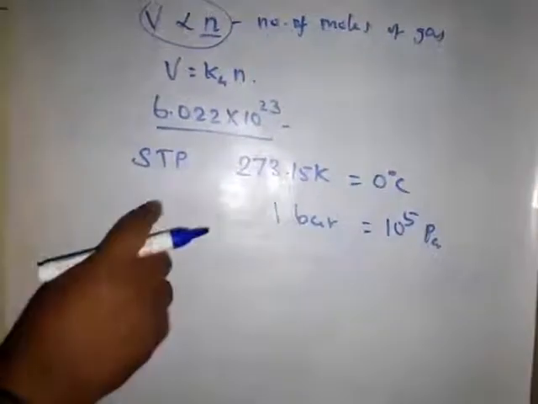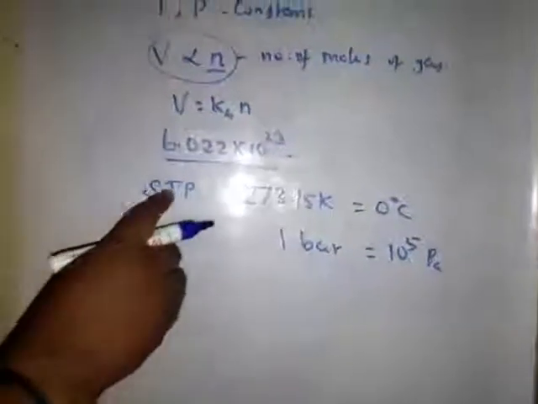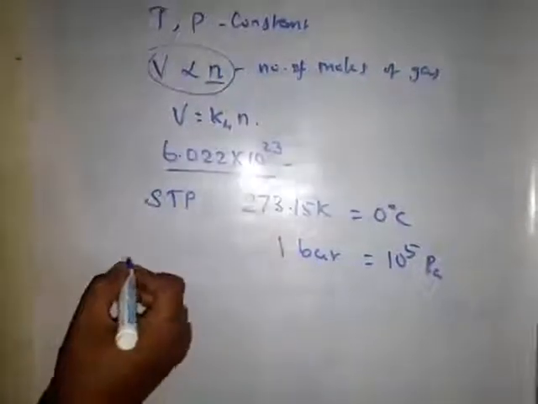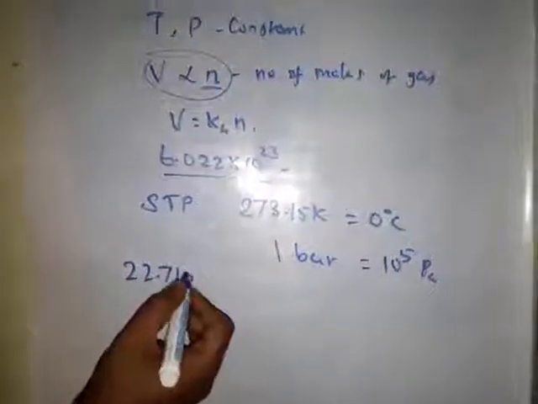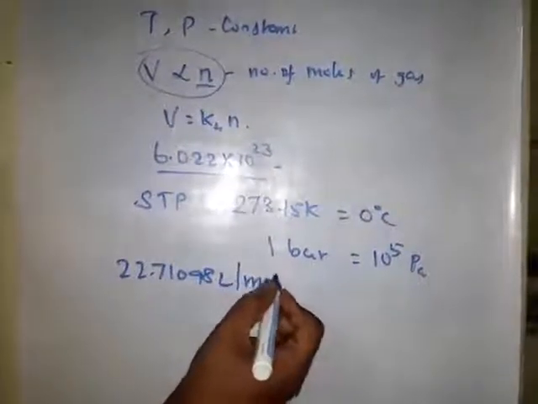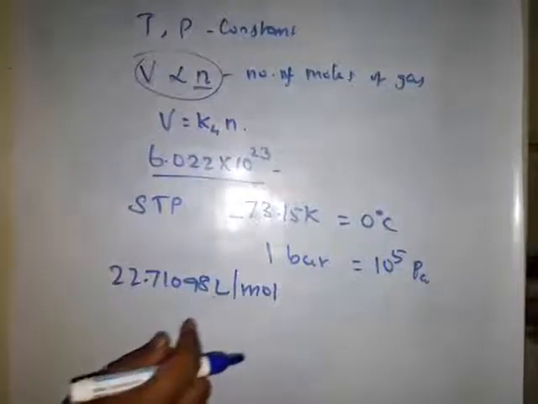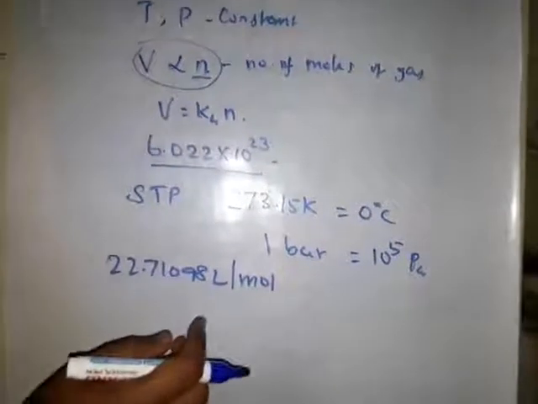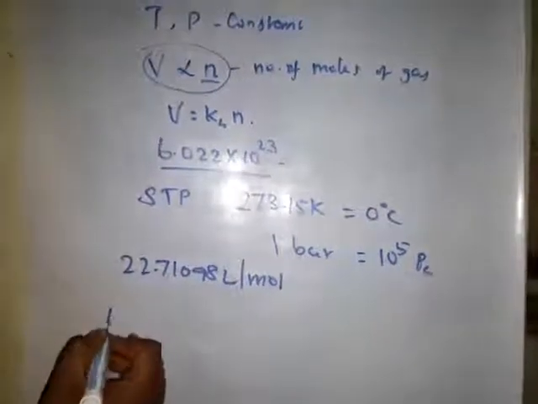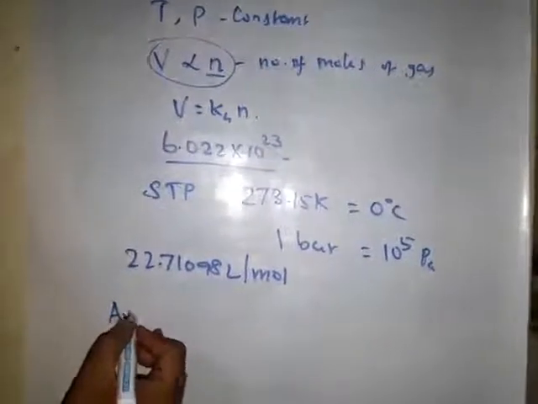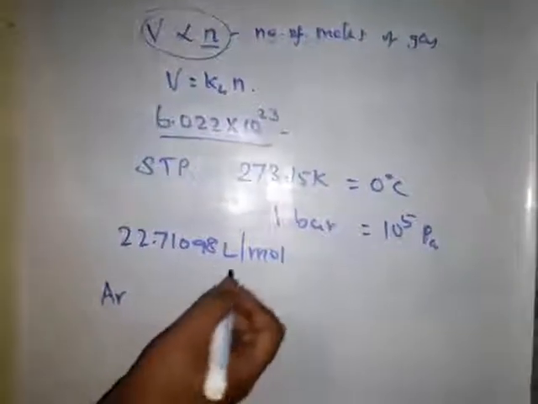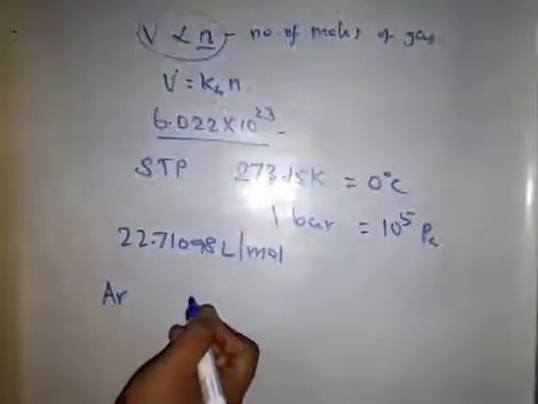At STP, the molar volume of an ideal gas is 22.71098 liters per mole. Let us discuss the molar volume in liters per mole of some gases at 273.15 Kelvin and 1 bar, that is STP.